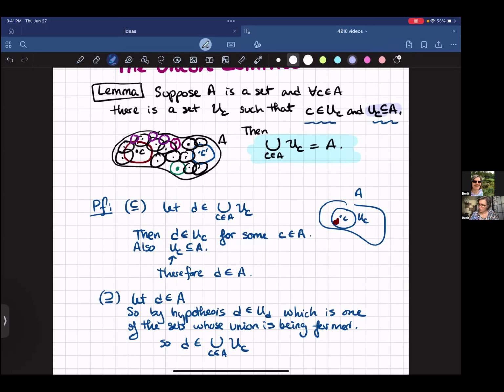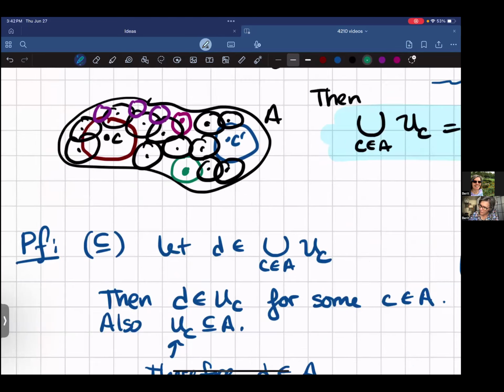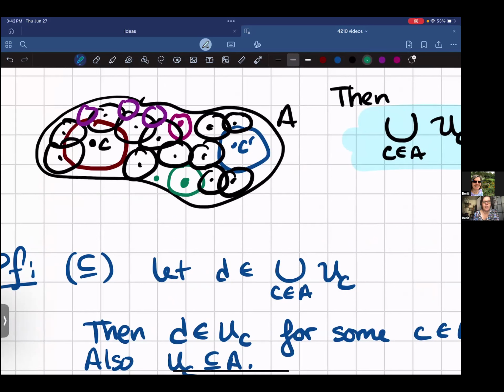And then the second part of the proof is saying that every d in A gets covered by one of these circles. Maybe there's a d right here that got missed, from what I drew so far. But the idea is that you just keep drawing more and more of these. So even if it looks like temporarily there's one that's missed, you're going to just draw more U's.